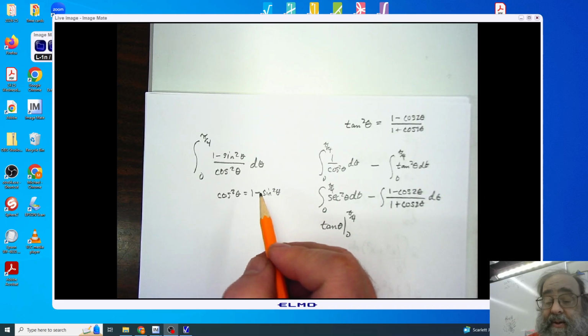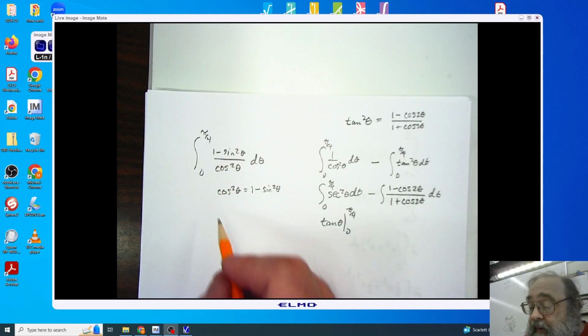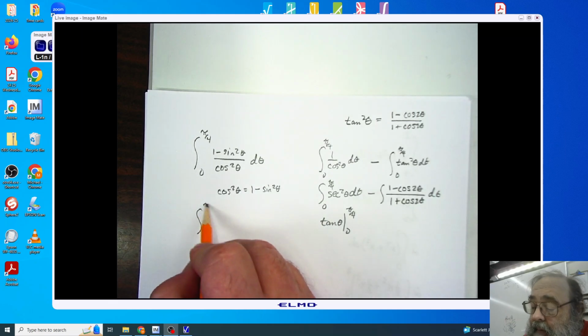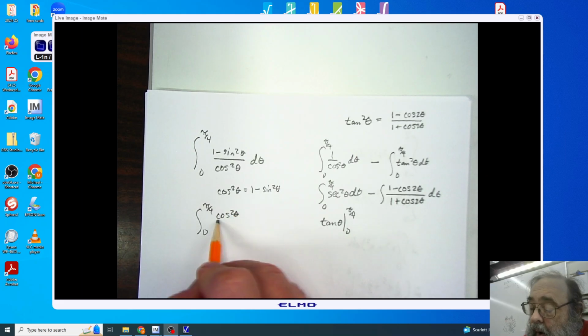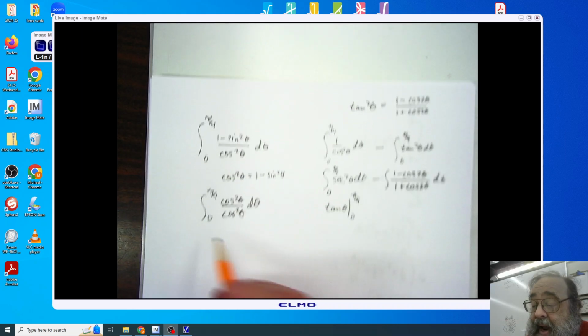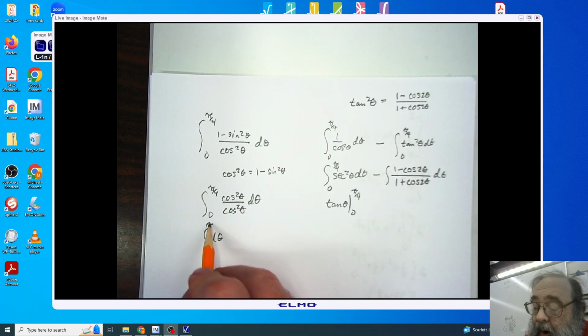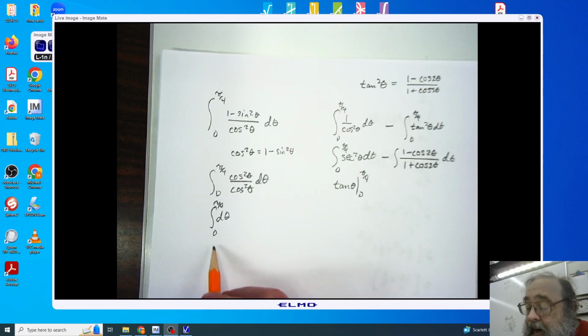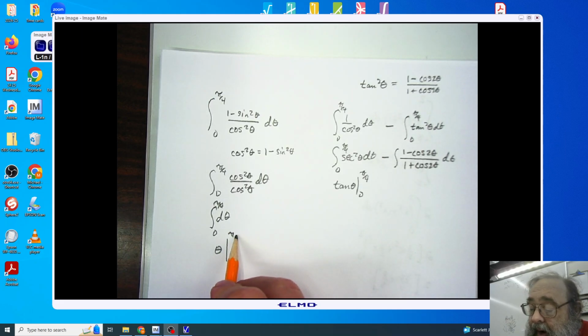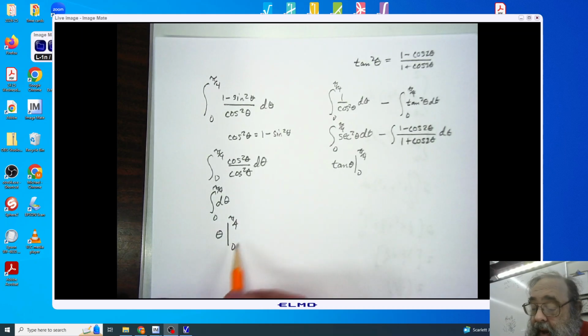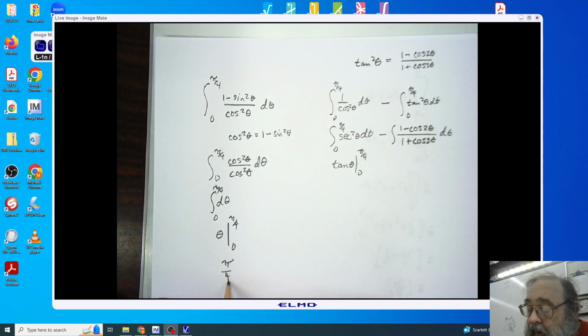And if I replace either of these two pieces, for example, 0 to pi over 4 of cosine squared theta over cosine squared theta d theta, I end up simply getting d theta. Now when we integrate d theta, we get theta, and it's going to go from pi over 4 to 0, and my answer is pi over 4.